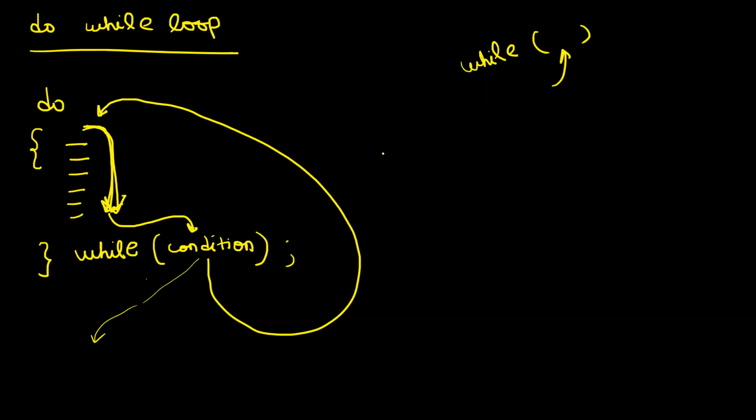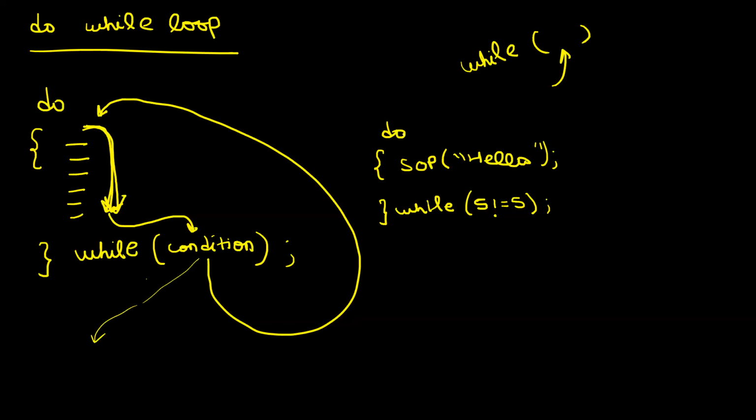If I write something like this: do, print hello world, hello. Do this while 5 is not equal to 5. This is a very basic do while loop that I have written.